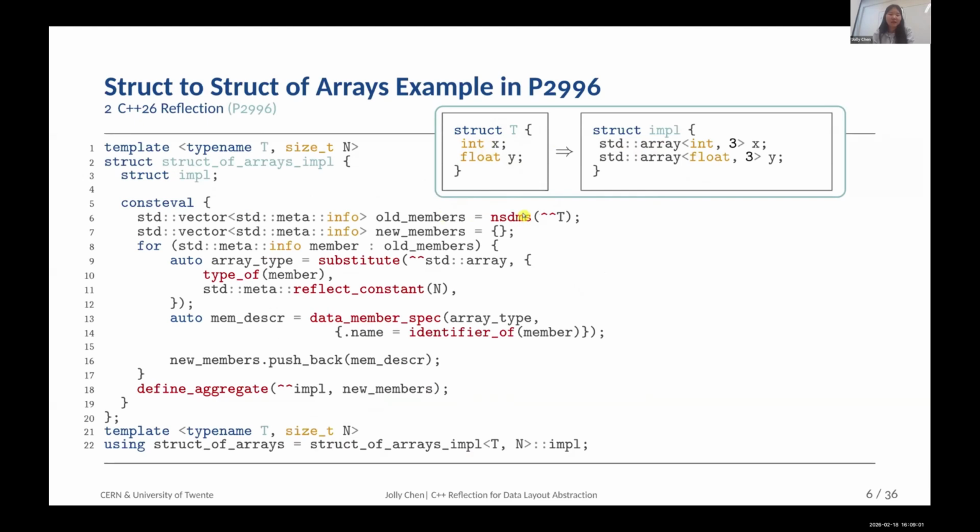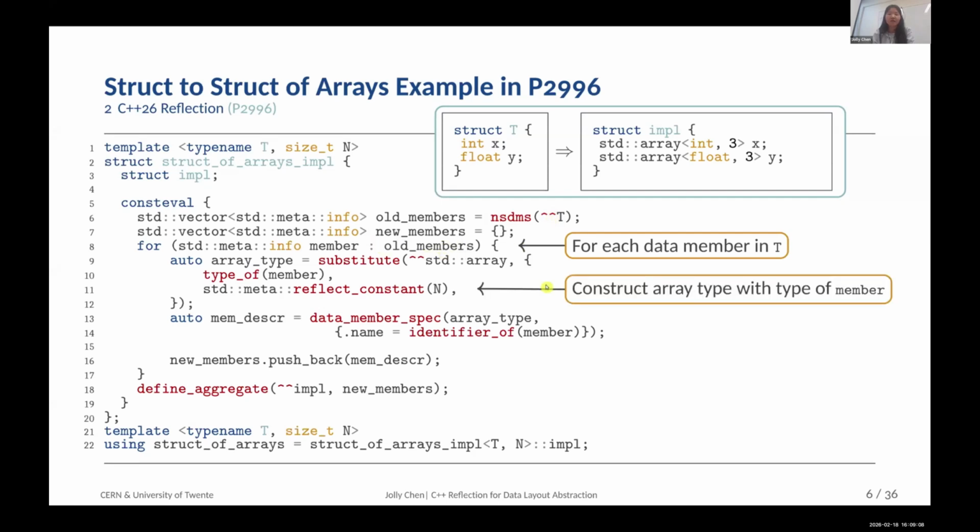It does this by getting the data members of the original structure T, and then for each data member in T, we are constructing an array type of the data member type. So we are getting the type of the data member using type of, and then we are substituting this into the template std array.